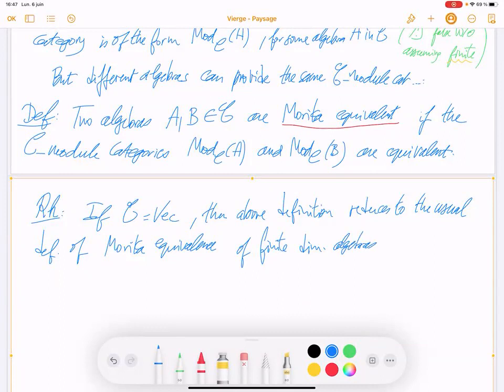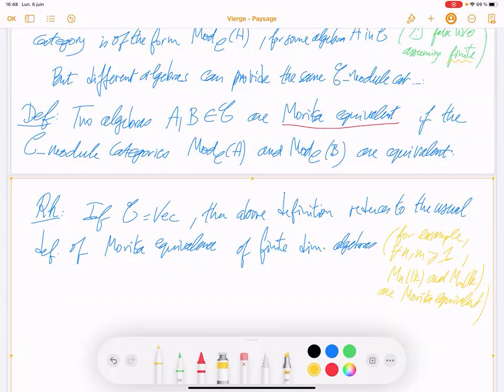So let me say, for example, for all n, m greater than or equal to 1, M_n(K) and M_m(K) are Morita equivalent.